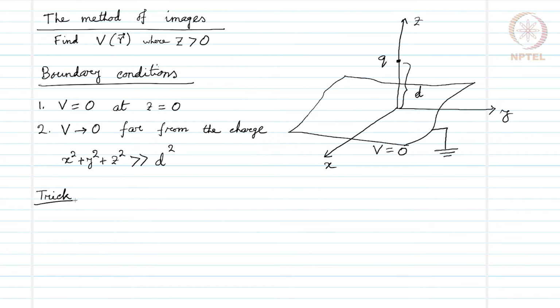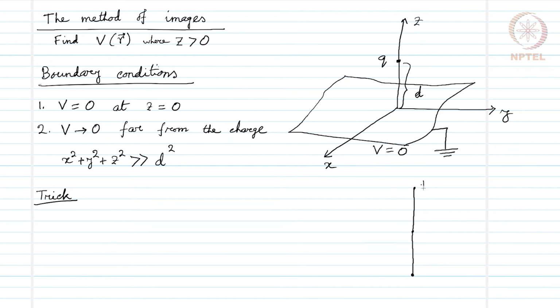Let us forget about the actual problem and make the trick. We are going to study a completely different situation: we have a point charge here at a distance d from the origin. We have another point charge below at a distance d from the origin.